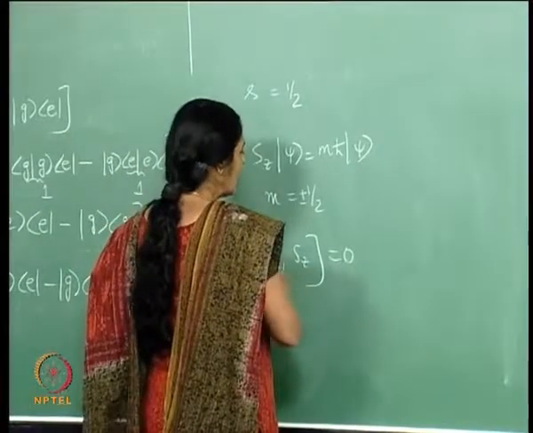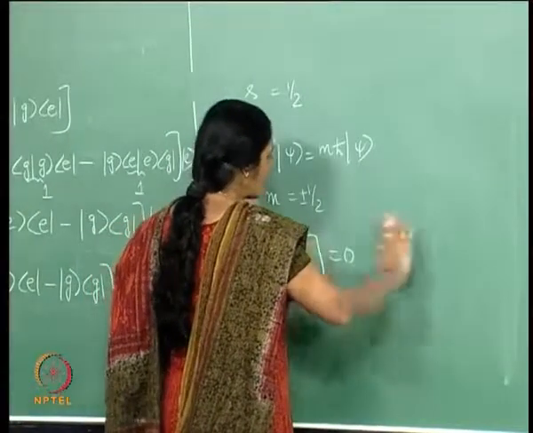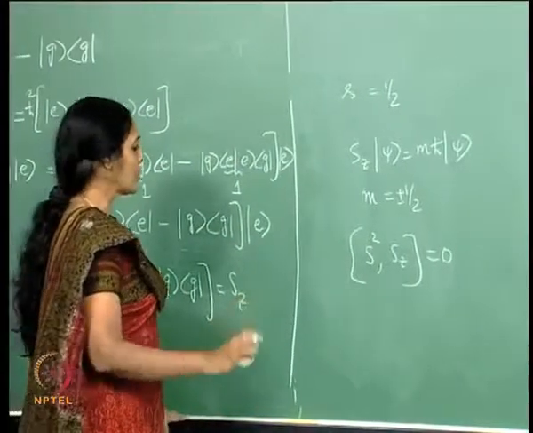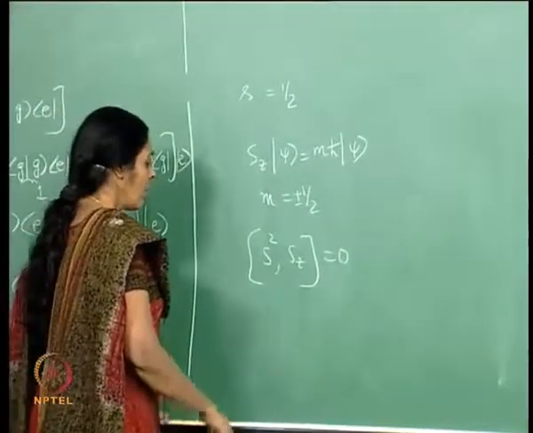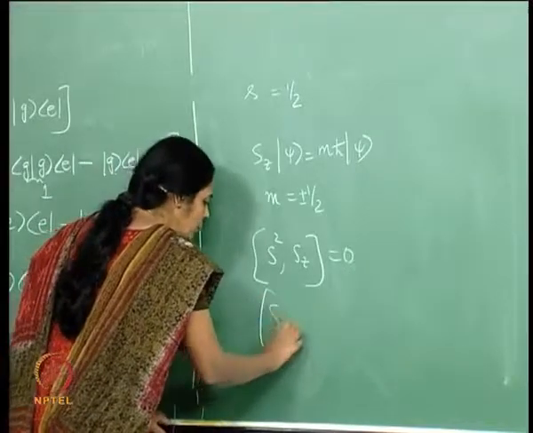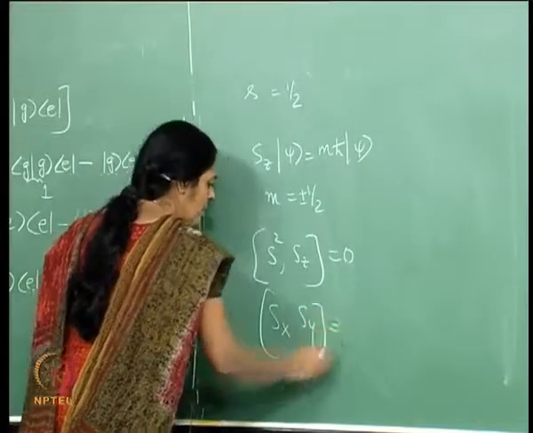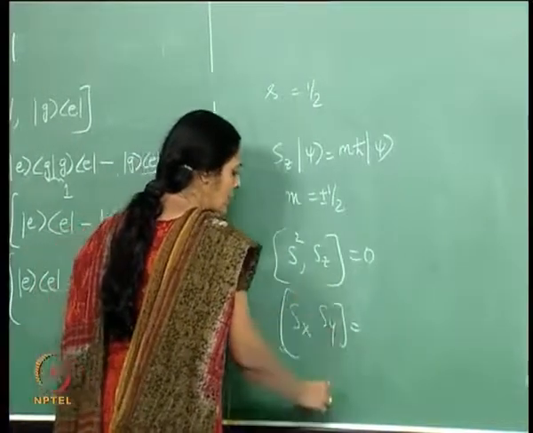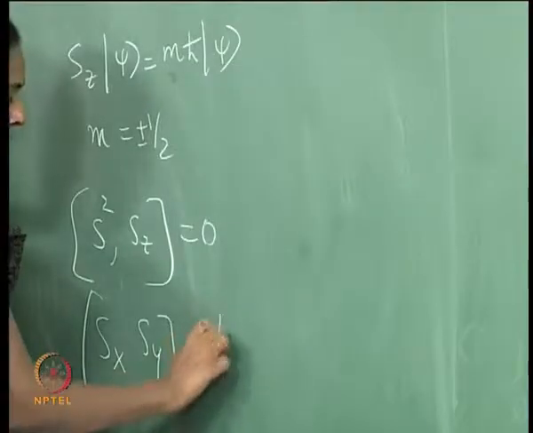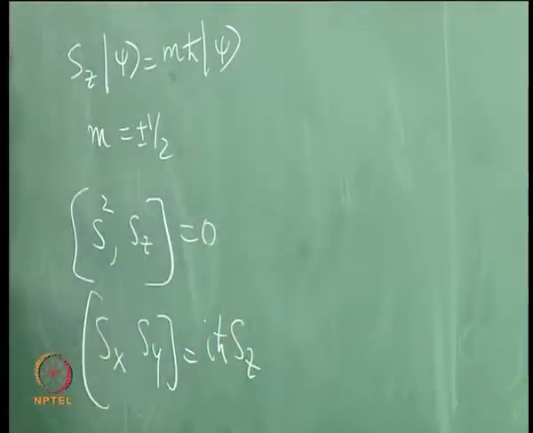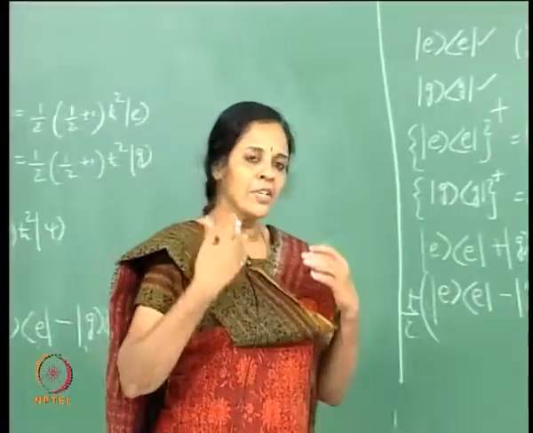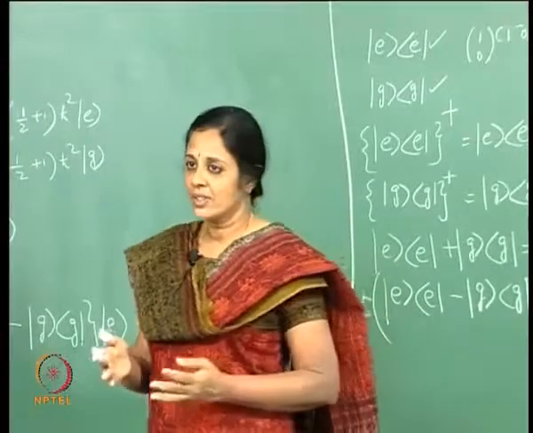And you will find that you can measure all these with accuracy, subject to human errors and instrumentation errors. On the other hand, if you make a measurement of the eigenvalues corresponding to Sx and Sy, since this is not a pair of commuting variables, if you make simultaneous measurement, you will find that you cannot measure both of them accurately, simultaneously.